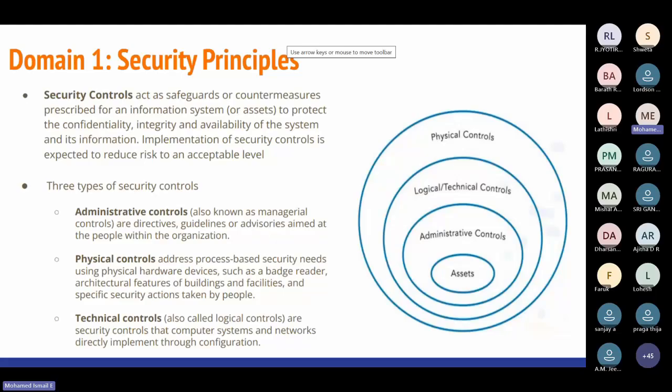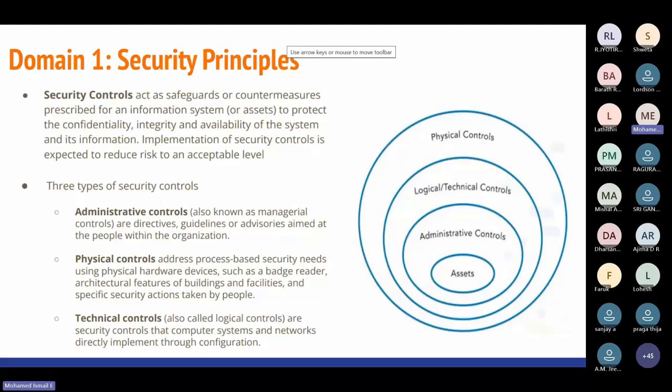Next time when you visit an airport or any government office, look at their building. Is that built by secure by design? What is the wall thickness? What is the wall height? At what height is the CCTV deployed? How many security guards are standing? Why are they standing in different sections at different distances? So these are all behind some core security controls.